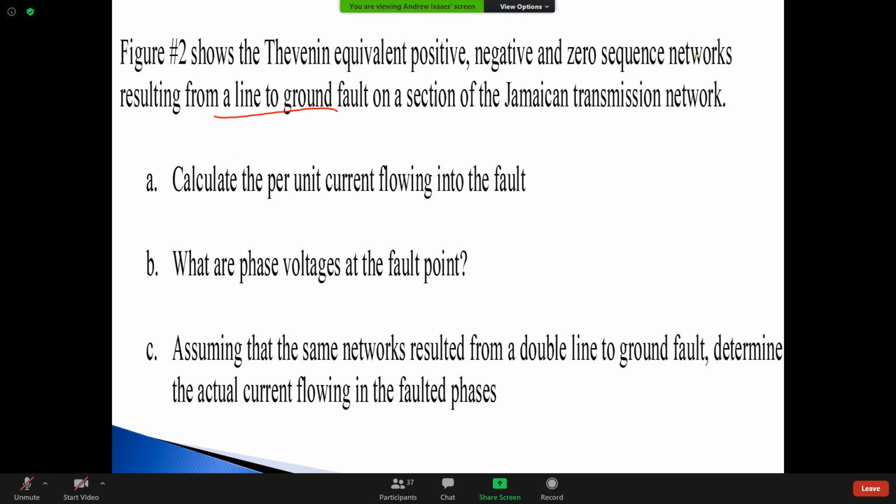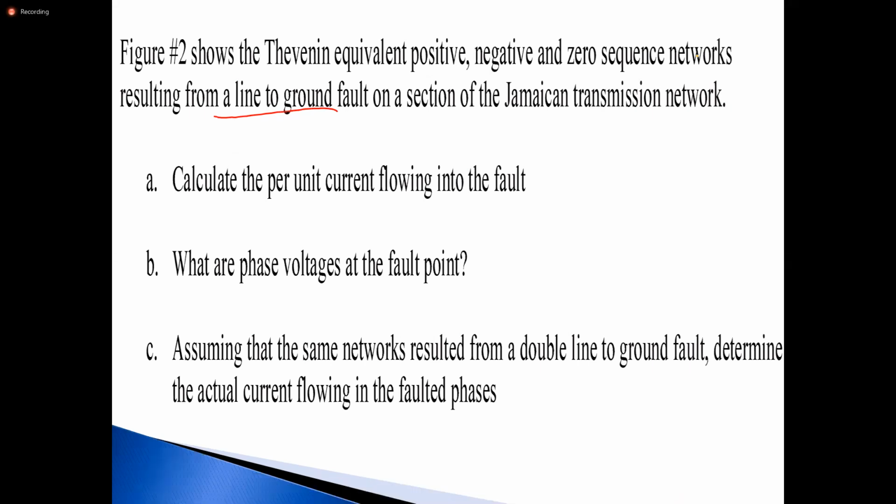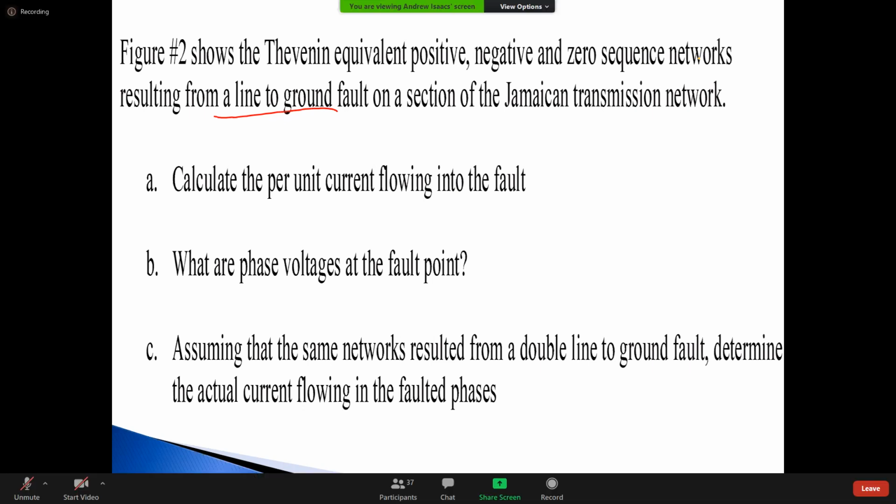Sir, the question says it is a line to ground fault. So the boundary condition for line to ground is IB equal IC equals 0, isn't it? When I calculate, I get 0.001 for IB and IC, 0.0012 for IB and IC.